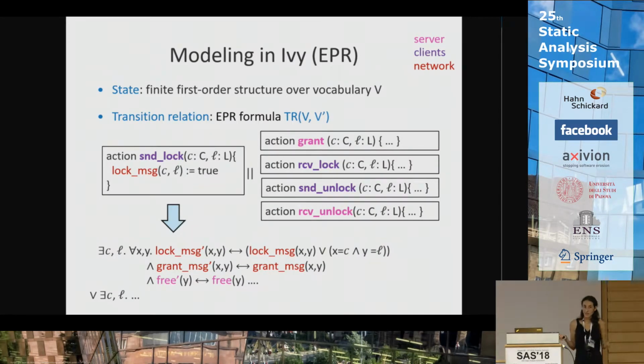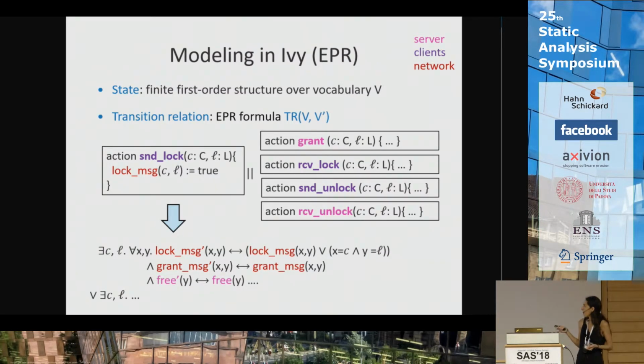To describe the transitions of the system, the actions that are executed, we are going to use Ivy's modeling language, which lets us define actions. The way we describe actions is very similar to an imperative language, except that we can update relations using first-order formulas.